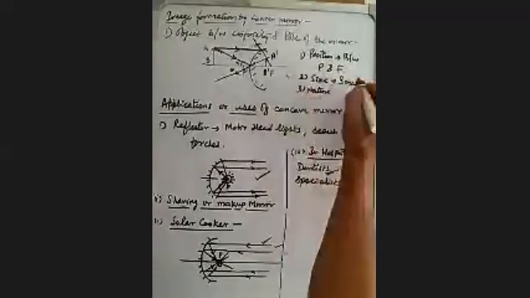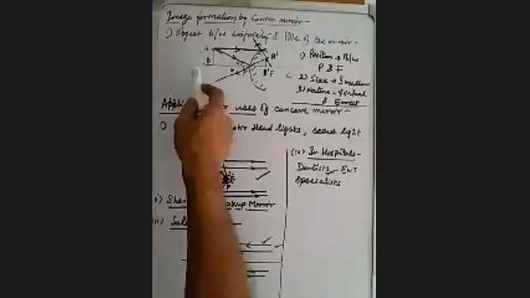And third, the nature is virtual and erect. So this is what we get: the image is formed between P and F when the object is lying between infinity and the pole of the mirror. Now we shall discuss the case where the object is lying at infinity.